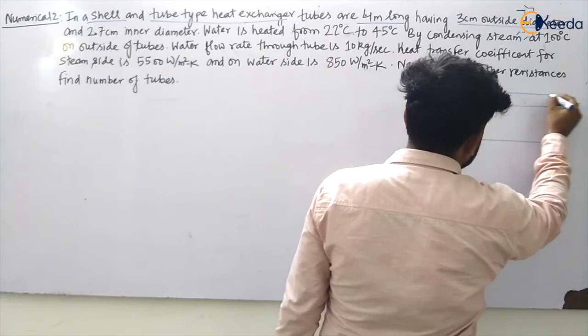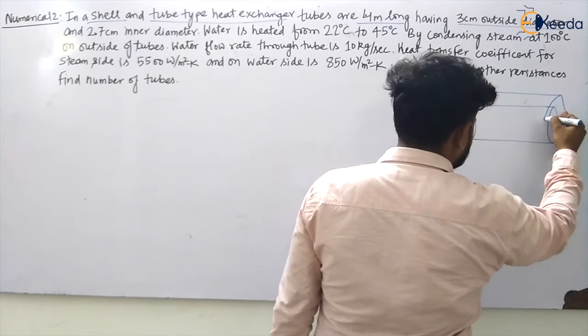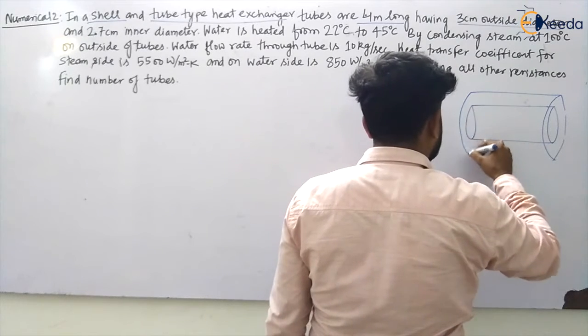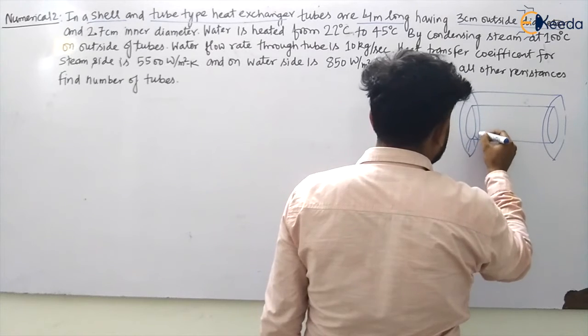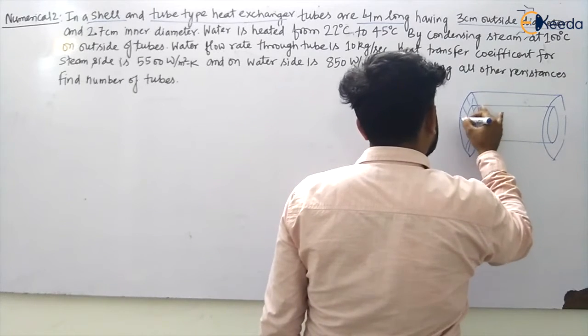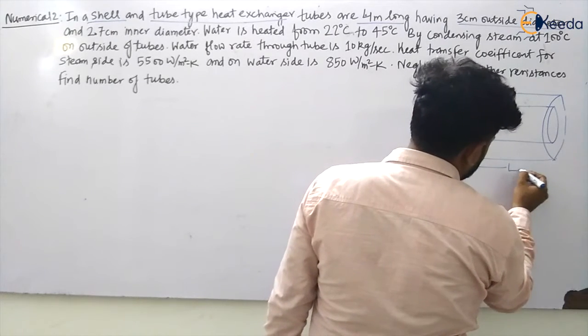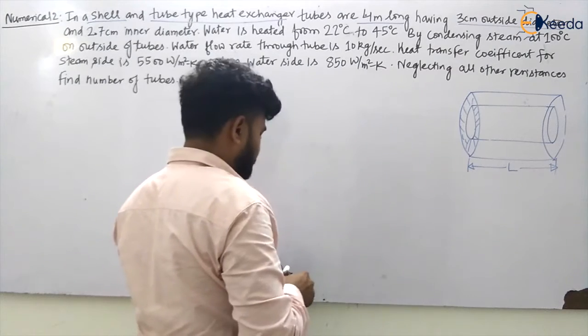Let us take these are your tubes, like this. I am making it like this because you can feel them. Something like this. And let us take this is the length of the tube. So 3 centimeter outside diameter they have given.